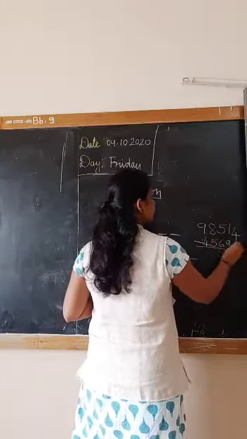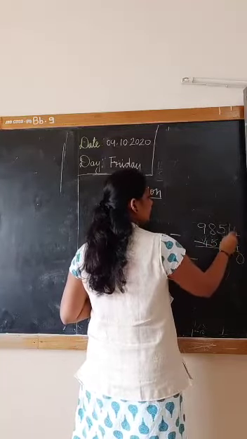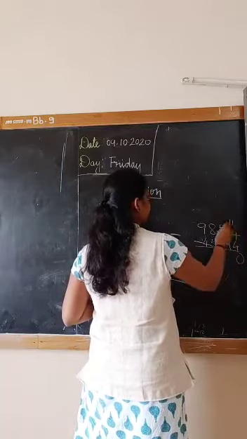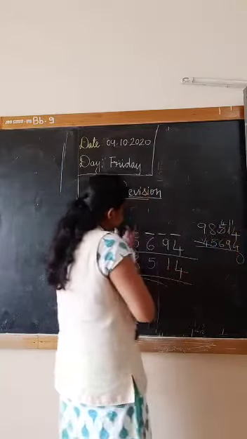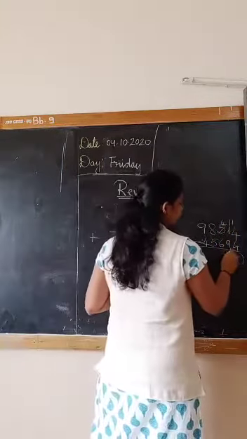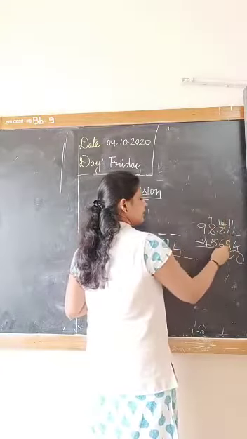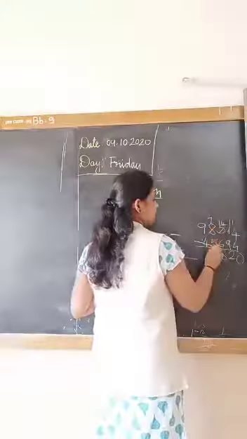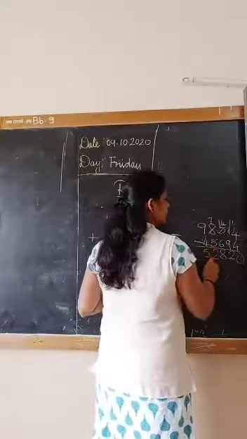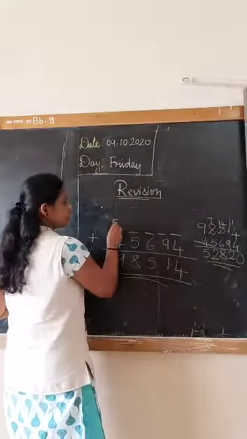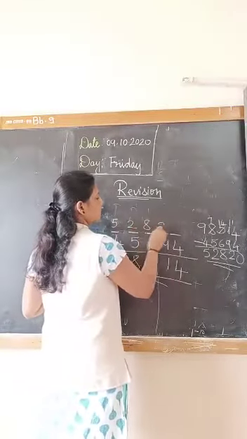You have to subtract it. 4 minus 4 is 0. 1 minus 9 is not possible. 11. So 11 minus 9, 2. And 4 minus 6 is also not possible. So 14 minus 6 is 8. 7 minus 5 is 2. And this is 5. So 52,820 will be the answer.